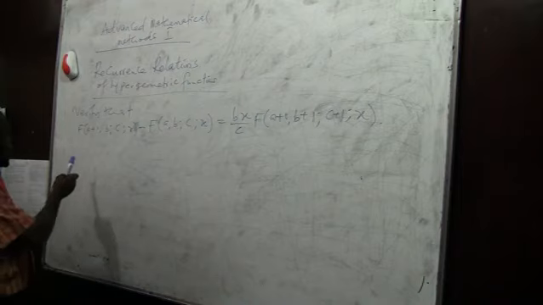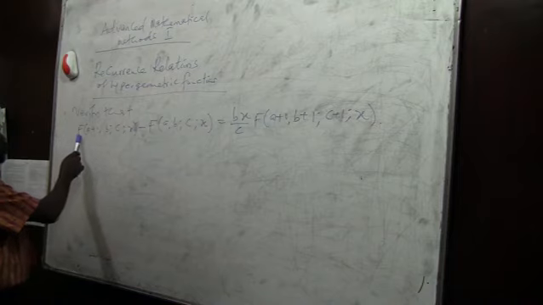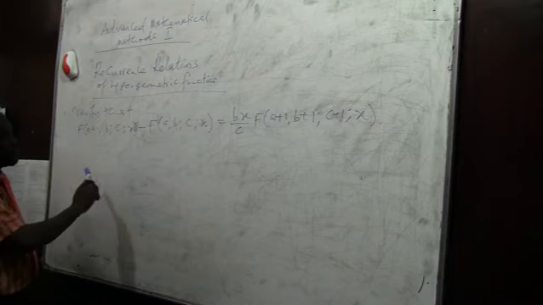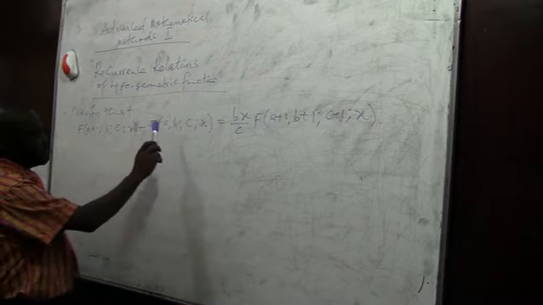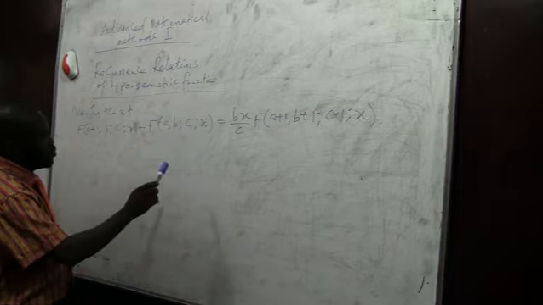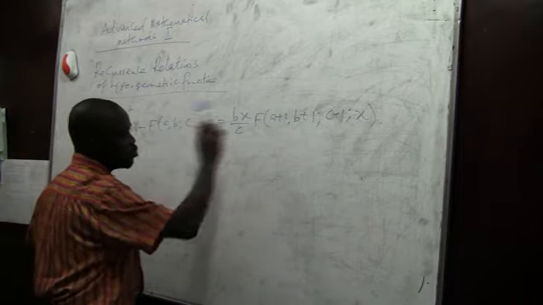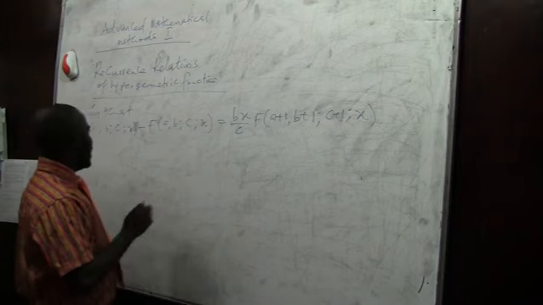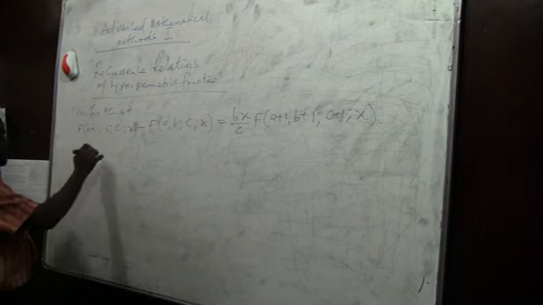How do we establish this? Let us look at the relation again. We have a hypergeometric function of this minus a hypergeometric function of this. At the end of the day, we need to obtain what we have on the right hand side. Let us start from the left hand side.